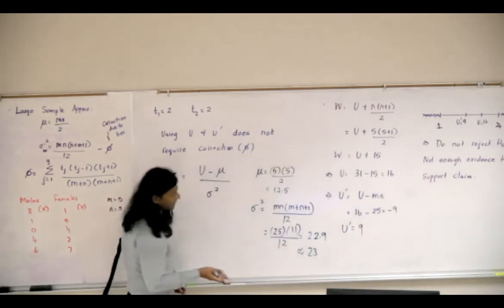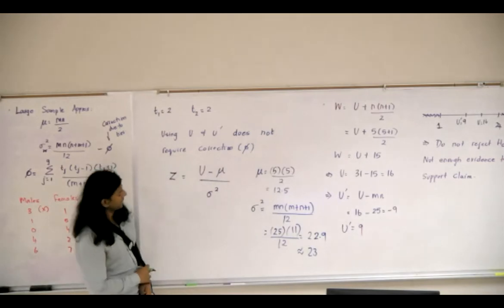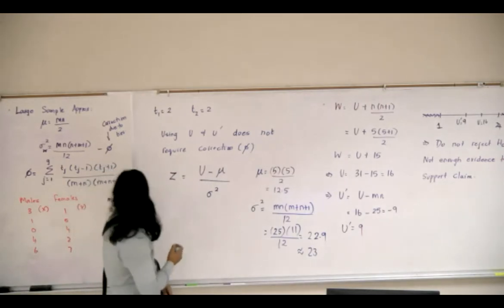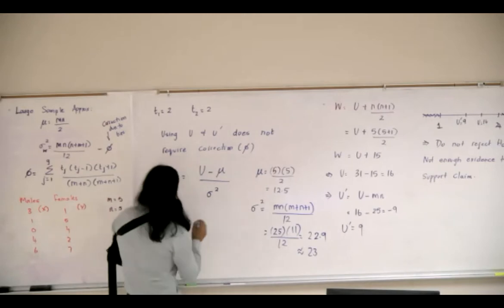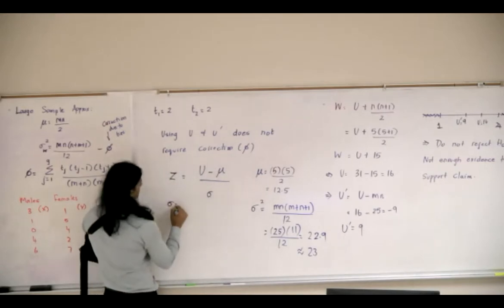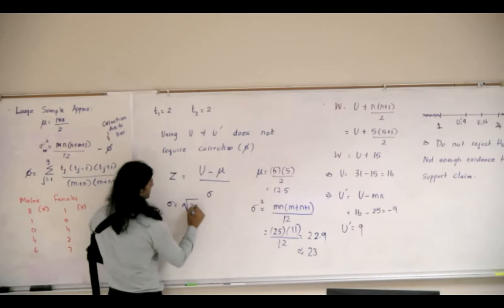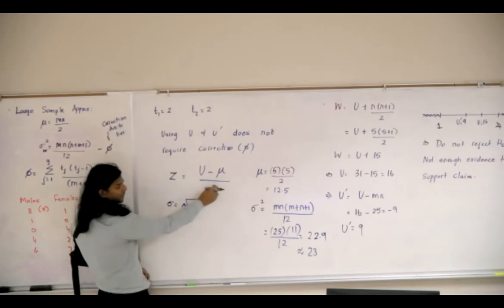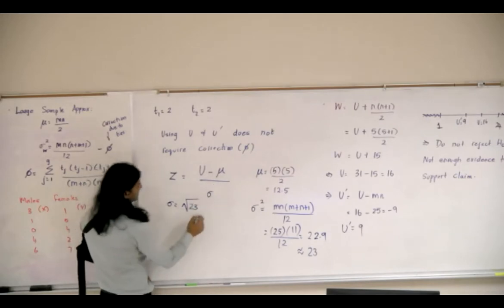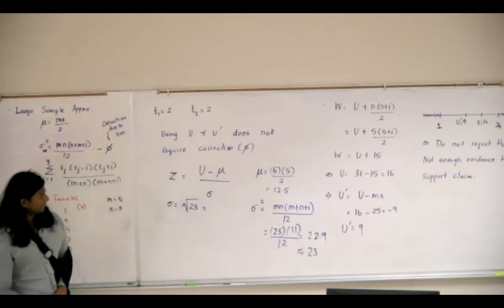So sigma squared is 23, which would simply mean sigma is the square root of 23. That's sigma, not sigma squared. Square root of 23, 4.8.